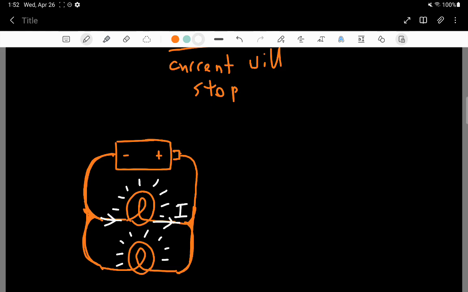Let's say it's the current I. And this light bulb is also getting a current passing through it because this is a complete circuit and this is a complete circuit. So both are going to work and both are driven by the same battery, the 1.5 volt battery.